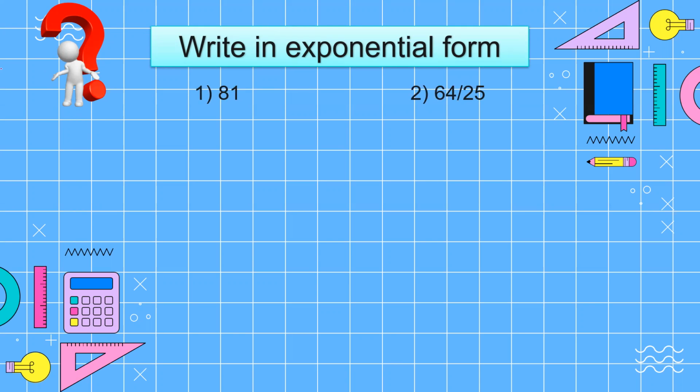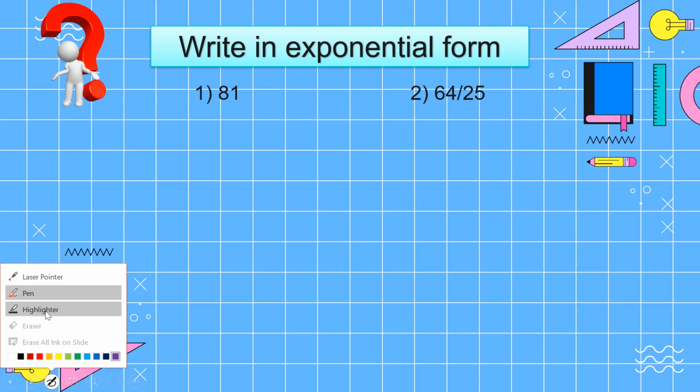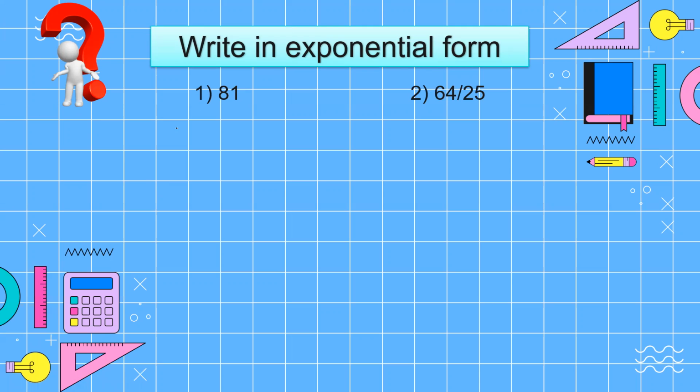I have taken two examples here. So if we see, how to write 81 in exponential form. So 81 is a multiple of 9, 9 nines are 81. So you can write it as 9 square, or you can choose another multiple of 81.